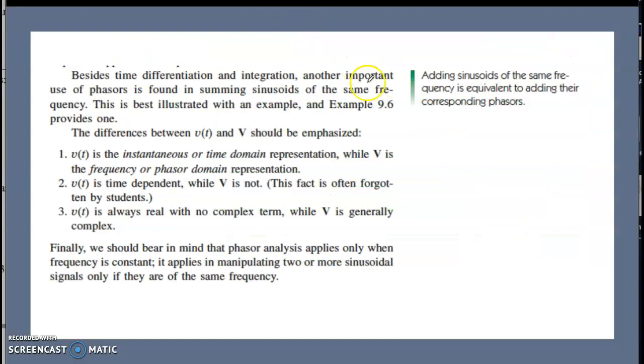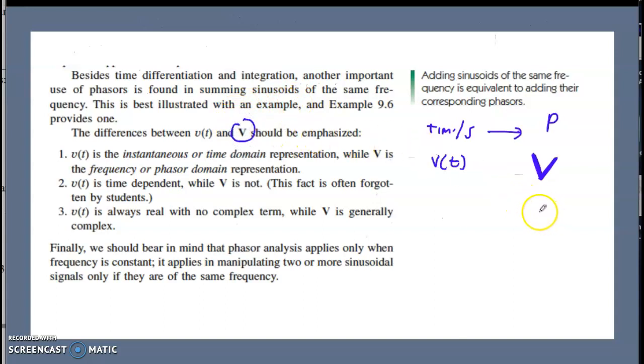In your phasor and in your time domain, there is a sinusoid. We call the function by time, v(t). But if you change from the sinusoid to the phasor, your v no longer becomes v(t); it becomes the phasor voltage V. You can see here the V should be emphasized.